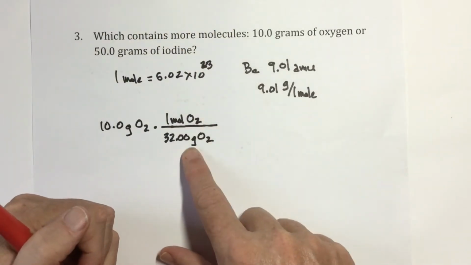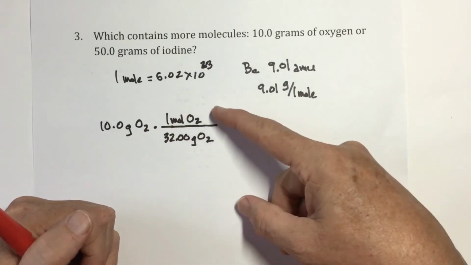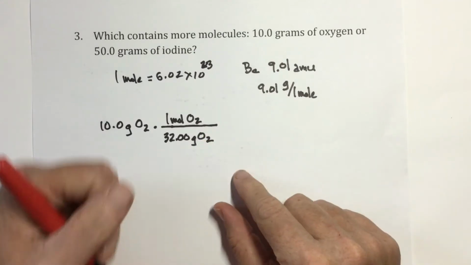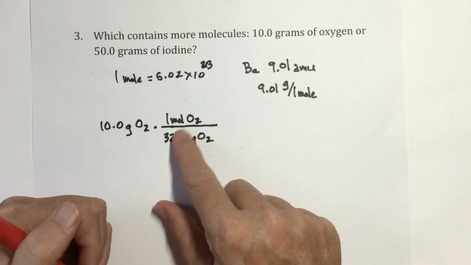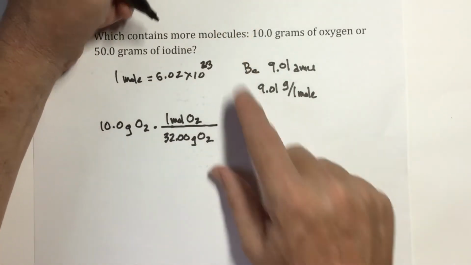So there we have grams, grams, moles. So 1 mole of a substance is equal to that substance's atomic mass in grams. So my grams will cancel out, that will give me moles, but I'm looking for molecules.